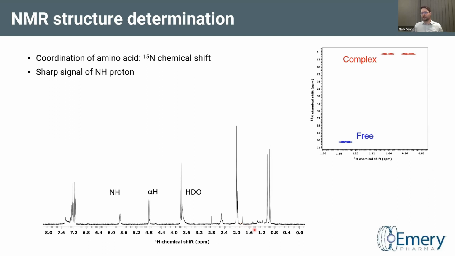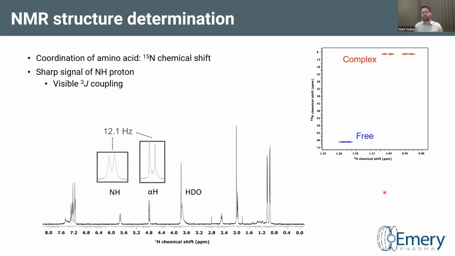If we check out the proton spectrum of this molecule, then we can see that the NH is here, the alpha H is here, and these are very sharp signals with visible J coupling, which is 12.1 Hertz.